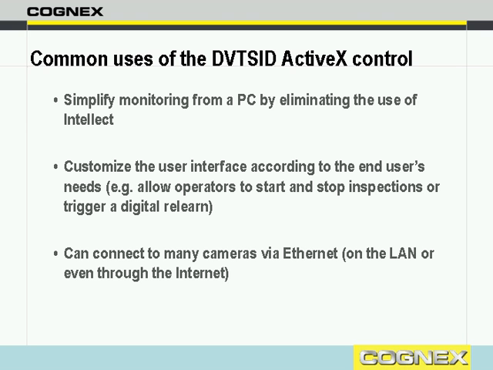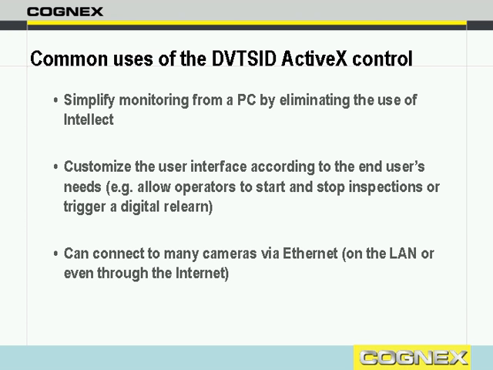So common uses of the DVT SID control, the most common use is just monitoring from a PC and eliminating the use of Intellect. You don't want to use Intellect or Framework as an operator interface. So besides SmartLink, the DVT SID ActiveX control is probably the second choice there.